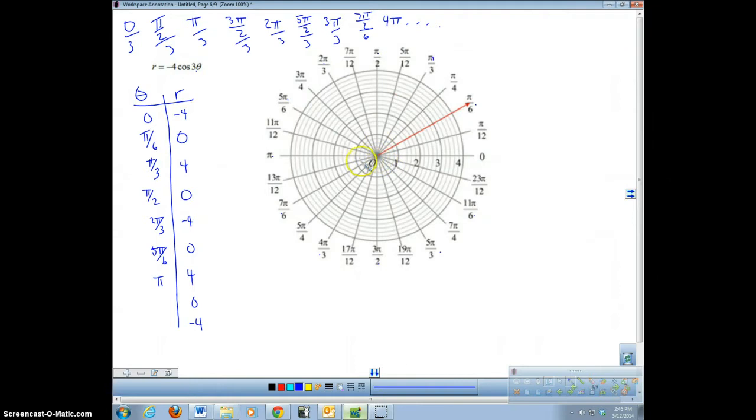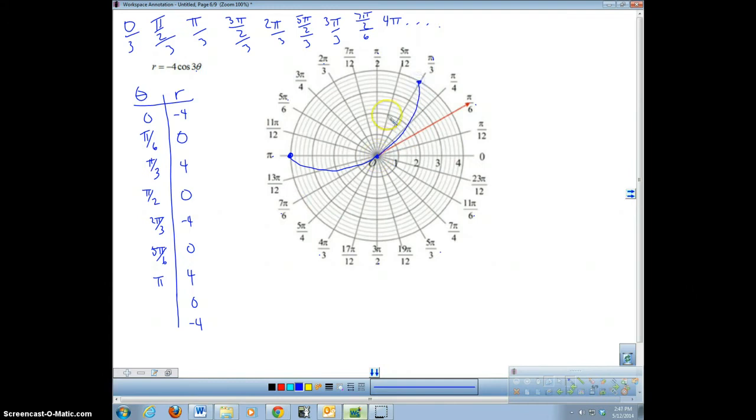0 and negative 4. 1, 2, 3. It's going to be right here, because at 0 degrees, r is negative 4. Pi over 6 is here, and we're going to go out to 0, so we're going to go back to the origin. Just like that. Pi over 3 and 4. 1, 2, 3, 4.